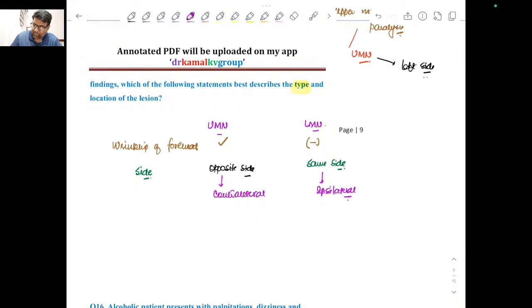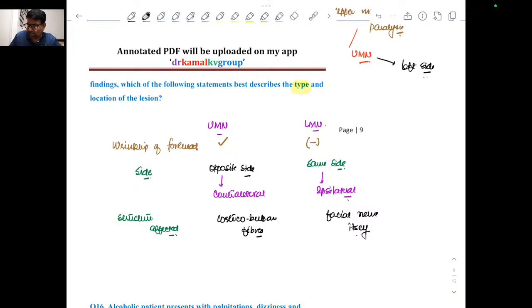And obviously, if you write structure affected in upper motor neuron, what is affected? It is the corticobulbar fibers, and here it is the facial nerve itself, right?